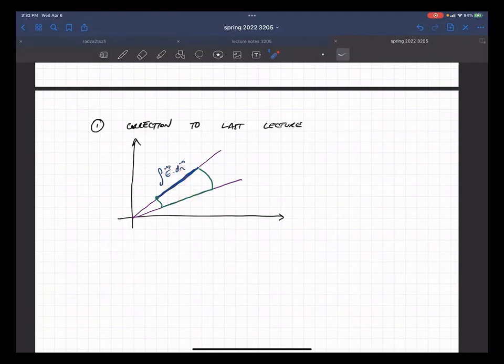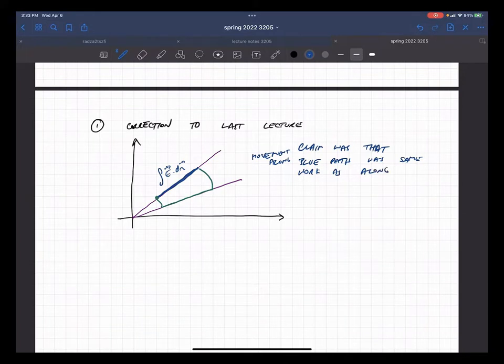So essentially the claim was that movement along the blue path was the same work as along the green path.